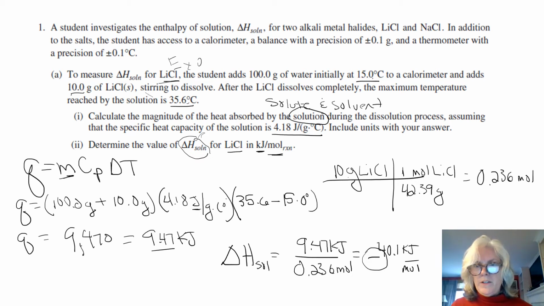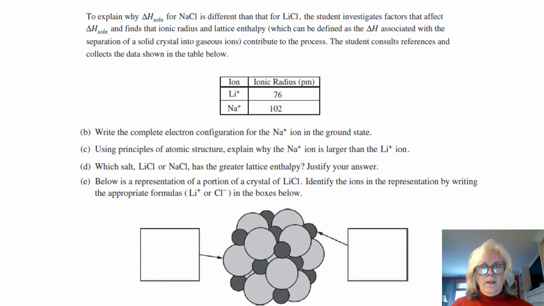We're going to move on to the next part of this problem. And this is where it gets into why this is happening, or comparing lithium chloride to sodium chloride. To explain the difference in enthalpy of solution for NaCl, the student is going to investigate factors that affect it.